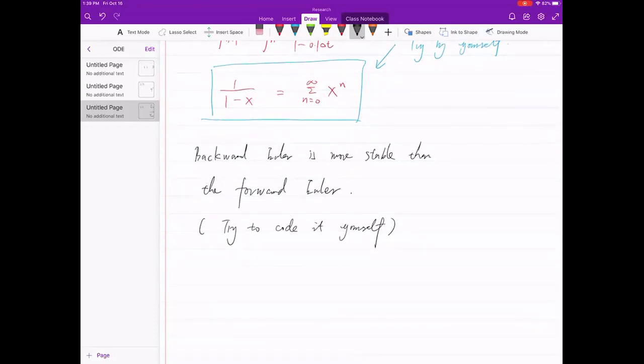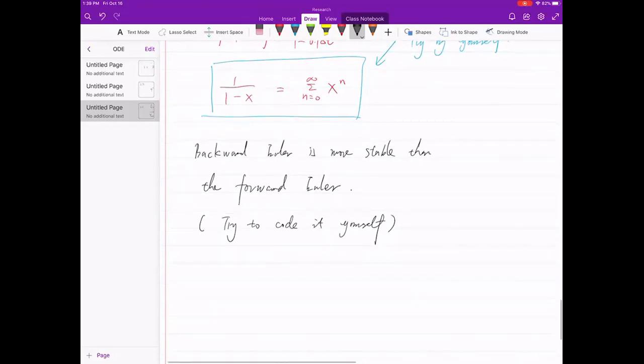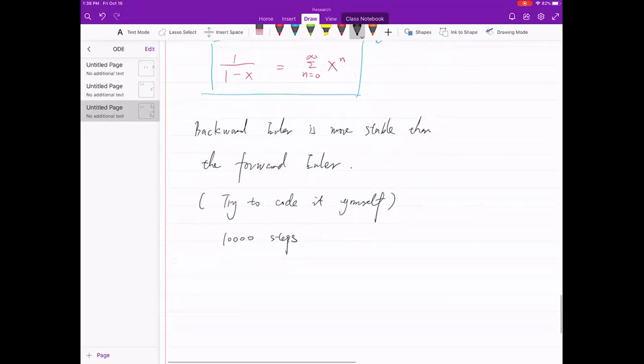The key here is for the predator and the prey, or the harmonic oscillator, either way. We roughly achieve a reasonable result with 1,000 steps. Okay, 10,000 steps for the interval from 0 to 10, 0 to 20, roughly. Use this setup. Try both explicit and implicit.